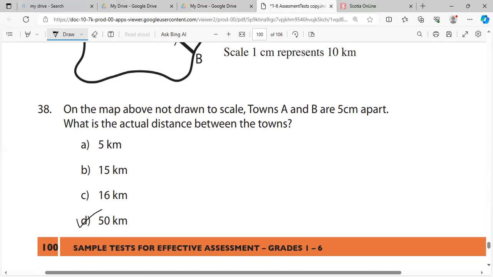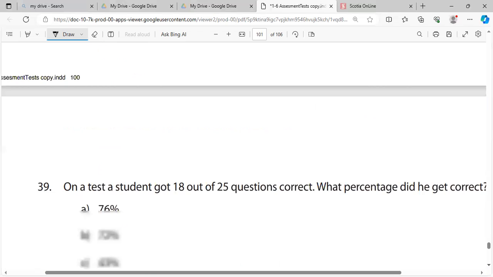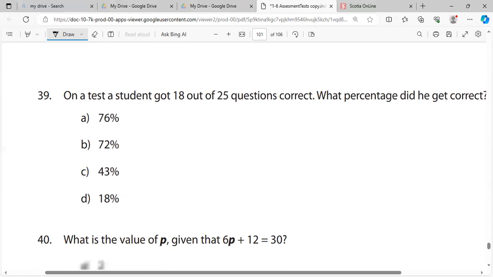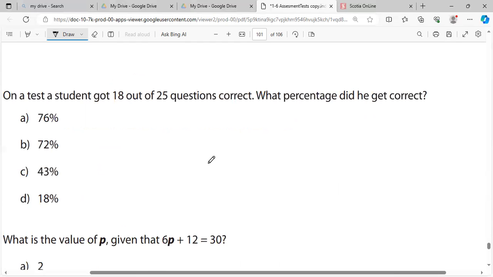Let's move on to 39. On a test, a student got 18 out of 25 questions correct. What percentage did he get correct? Now, percent means out of what? Somebody type that in the comment section. What does percent mean? He said out of 100, you are indeed correct.